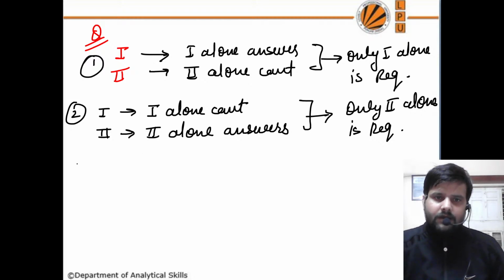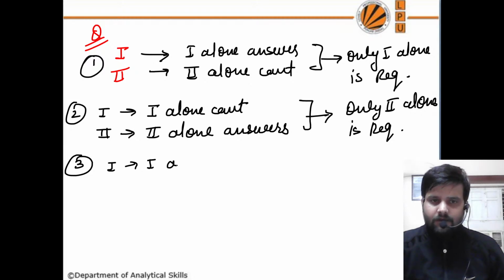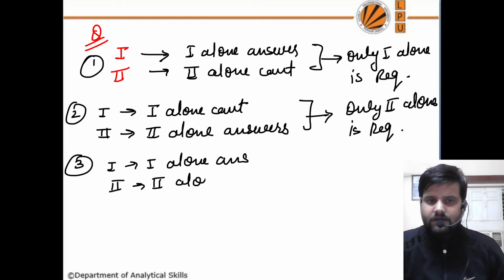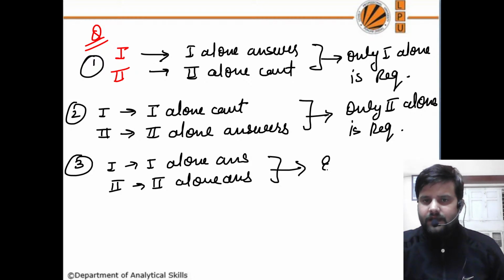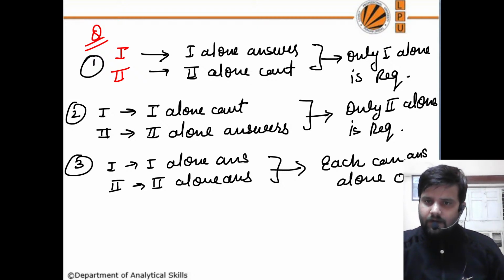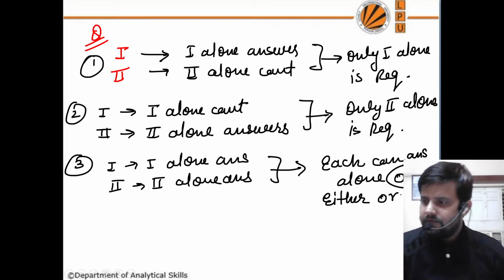The third possibility is first alone answers, second alone also answers. So the answer you will mark is each can answer alone, or either or, whatever the options will be there.